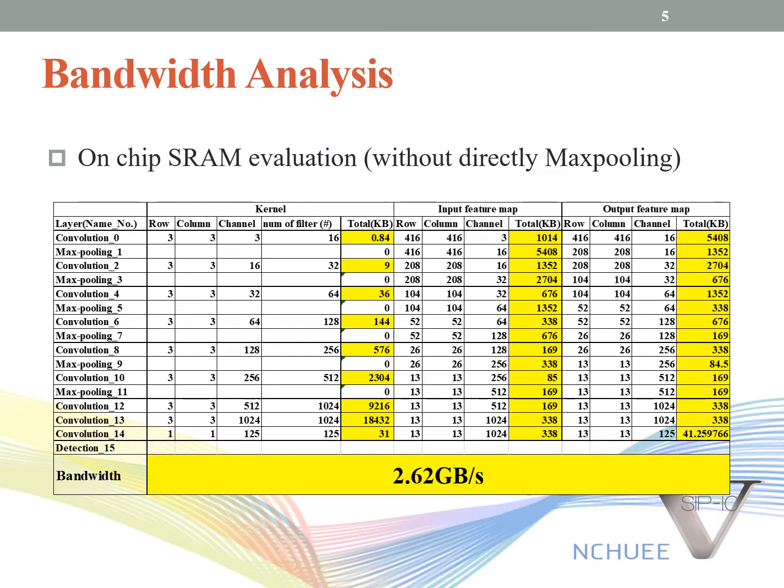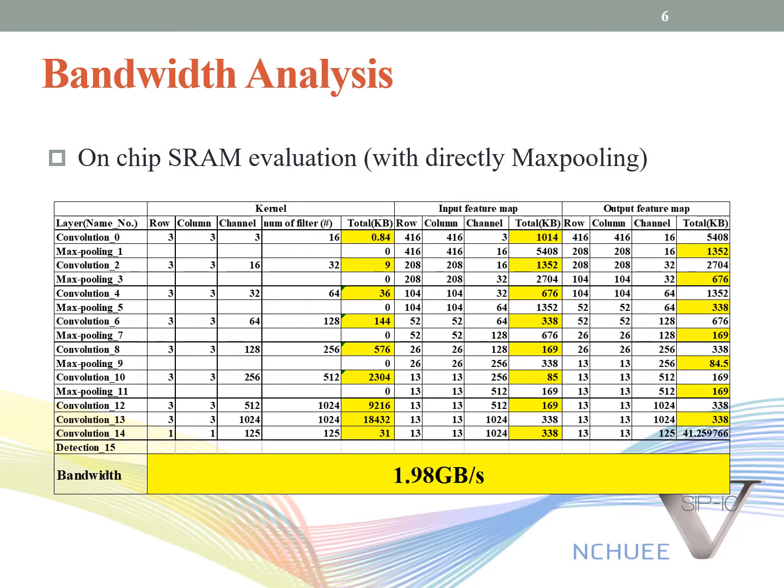Our design provides a method to do max pooling directly after convolution before transmitting to DRAM. According to our method, we can decrease the transmission of the max pooling layer. Then the bandwidth can decrease to 1.98 gigabytes per second.